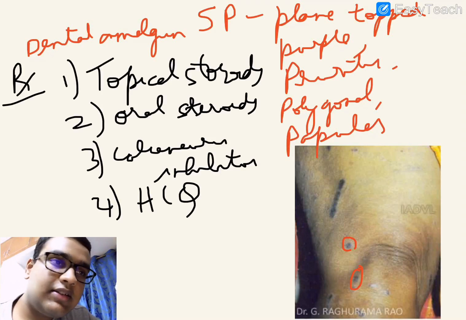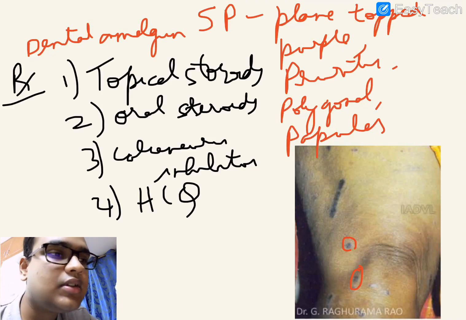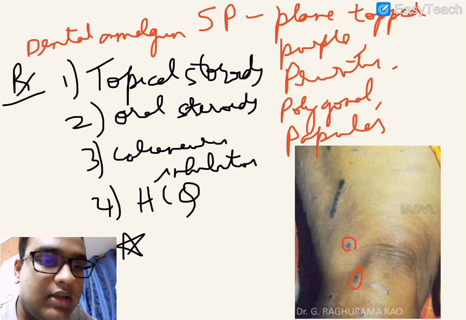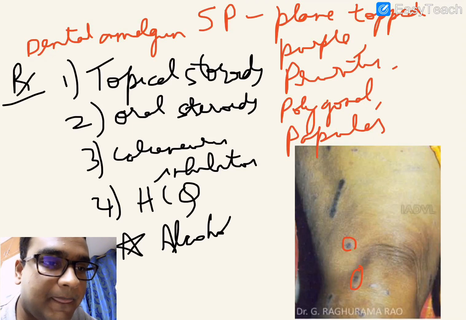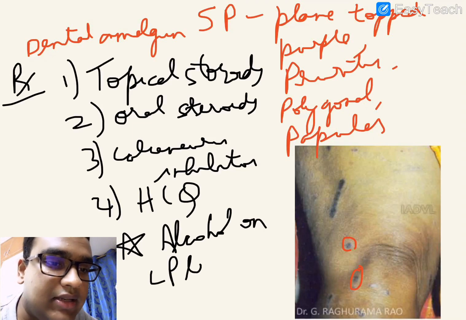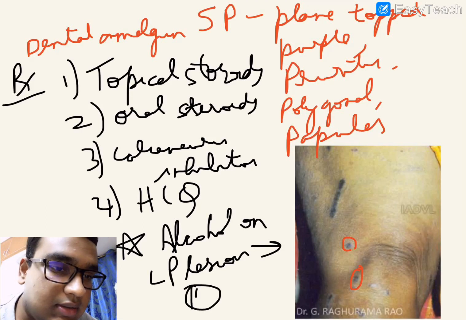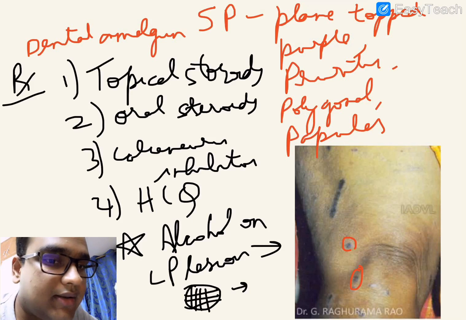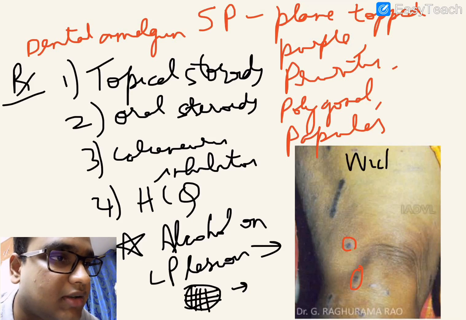Here you have to know one more important MCQ point. If you apply alcohol on a lichen planus lesion and observe under a microscope, you see certain striae-like lesions. This striae is known as, I'll write it here, Wickham's striae.